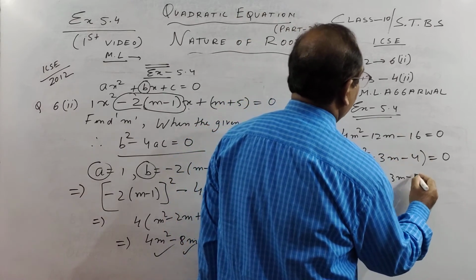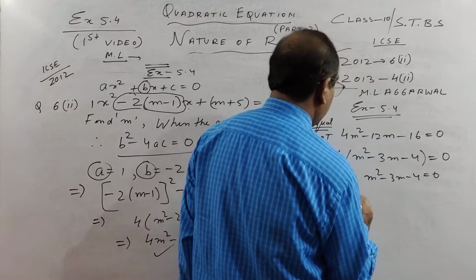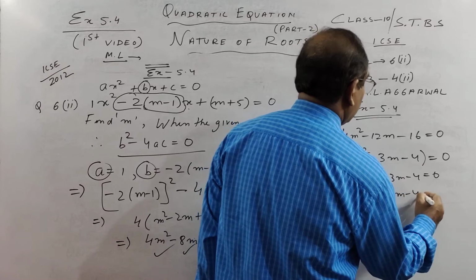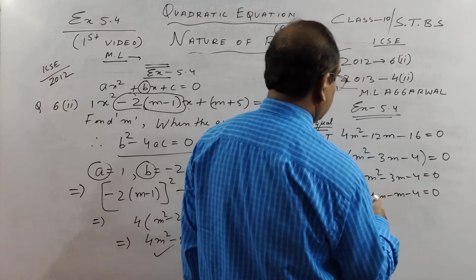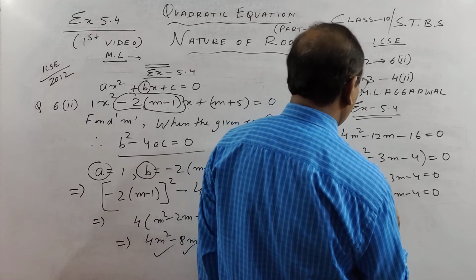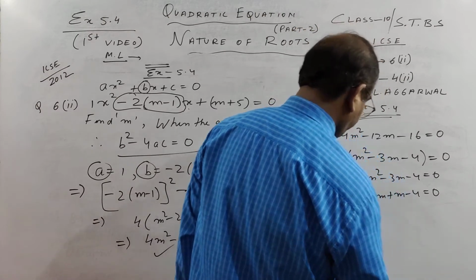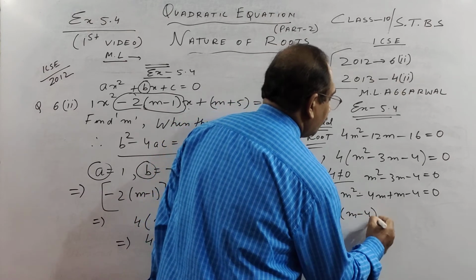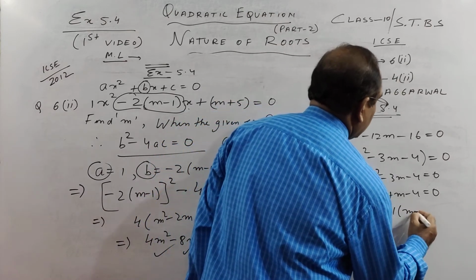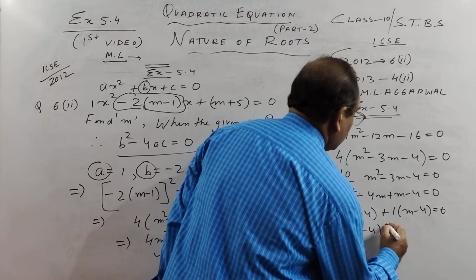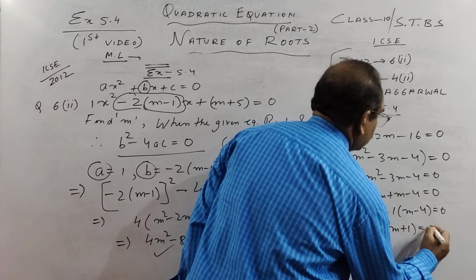Now middle term factorization, children. m square minus 4m minus m minus 4 is 0. So I break this into minus 4m plus m. What do I get? m minus 4 plus 1 times m minus 4. So we get m minus 4 times m plus 1 as 0.